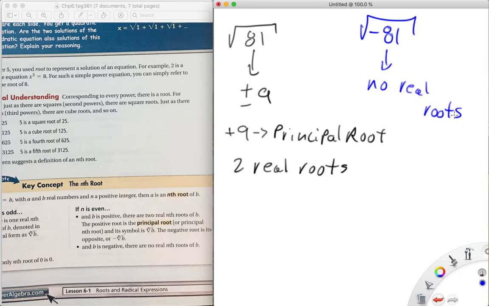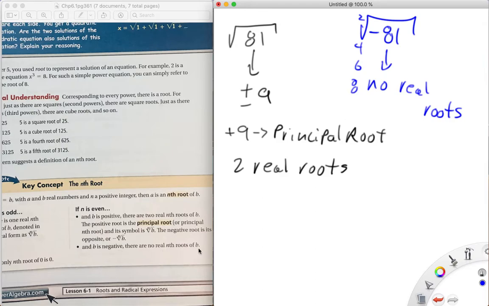So for this chapter, or at least for this section, we're not going to really do the imaginary complex number thing. If we see a negative under an even index, so this could be 2, 4, 6, 8, etc., we just say there's no real roots and we leave it alone. We don't convert it into imaginary.